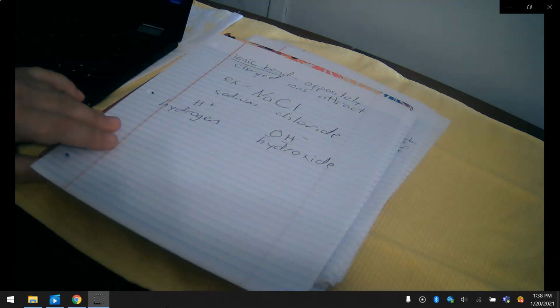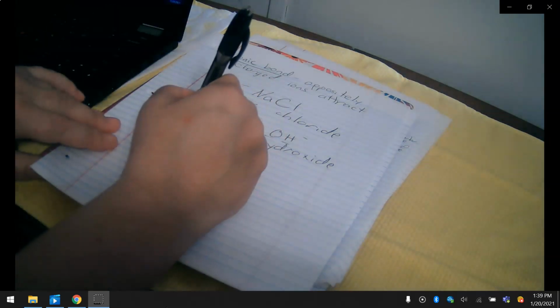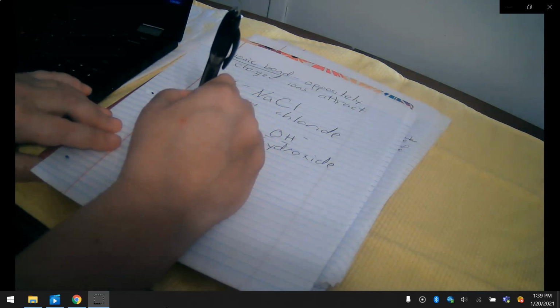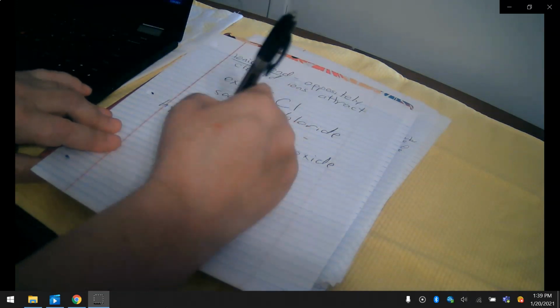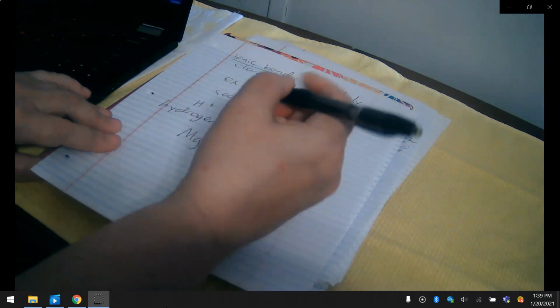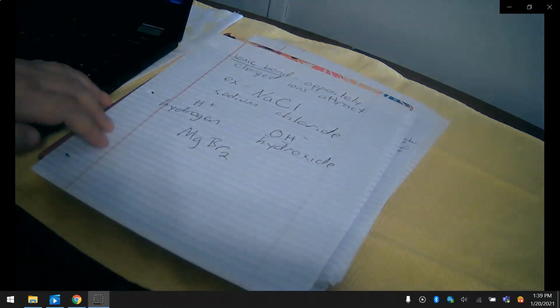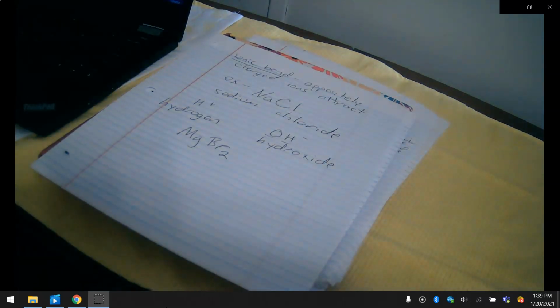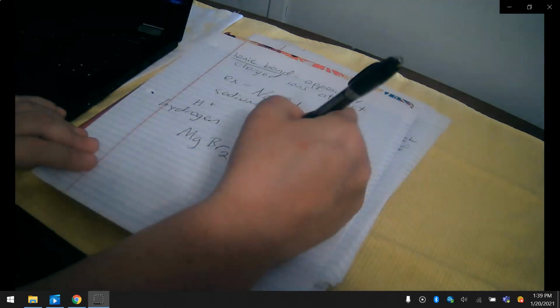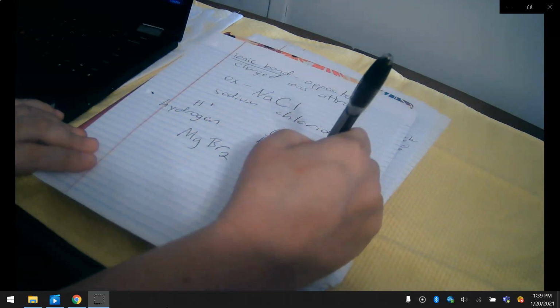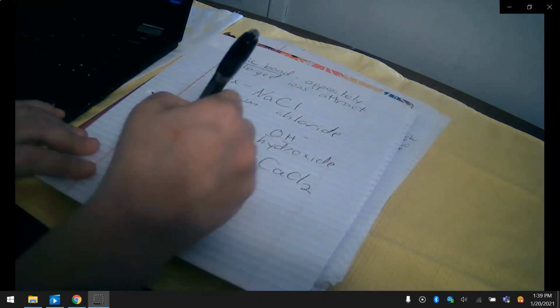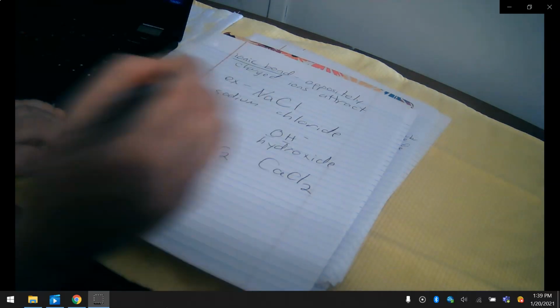So it doesn't have to be sodium chloride. It can be, I don't know, magnesium bromide, which has a different ratio. There's 2 bromide ions for every magnesium. But the point is, calcium chloride is another one. Another common one is potassium chloride.